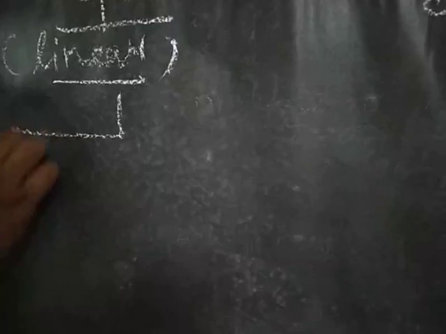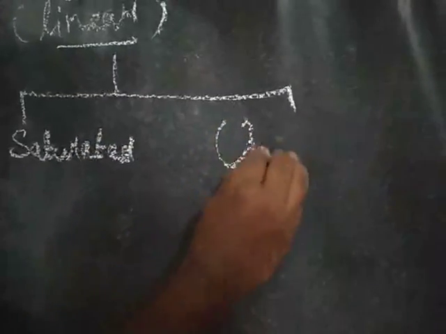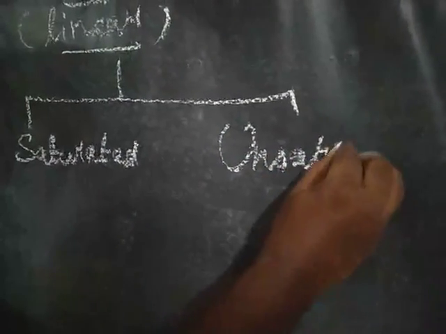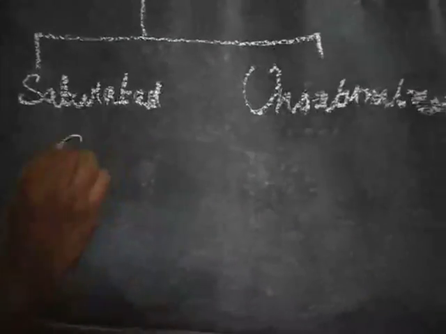If all the carbon atoms in the carbon chain are connected by a single bond, again it can be classified into two types: one is saturated, another one is unsaturated. What is meant by saturated?